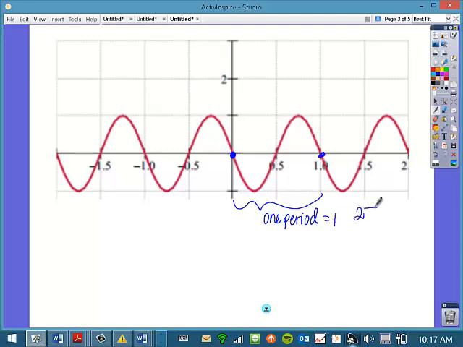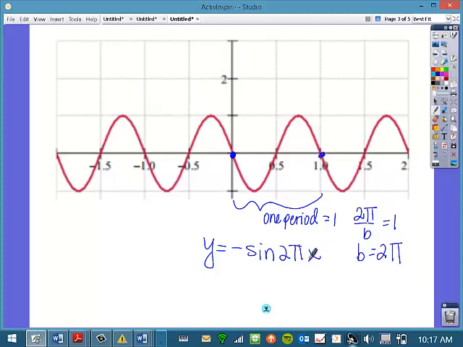So if you're thinking about 2 pi over b is equal to 1, that would make b 2 pi. My amplitude is 1. I didn't shift it up or down. I didn't shift it right or left. It just has a negative coefficient because it goes down and then up. So this would be y equals negative sine of 2 pi x.